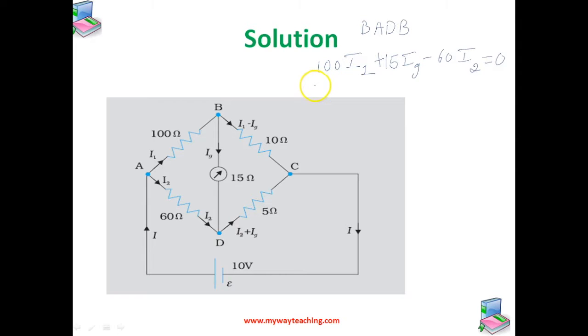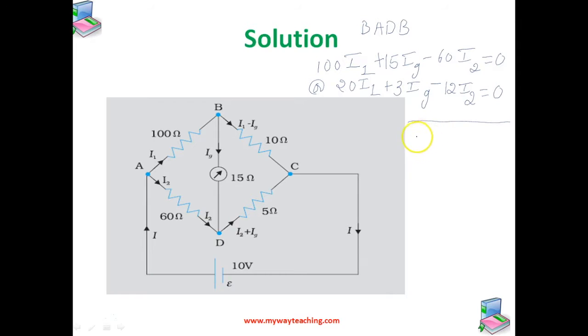Or we can also write, taking 5 common, 20 I1 plus 3 IG minus 12 I2 equal to 0.